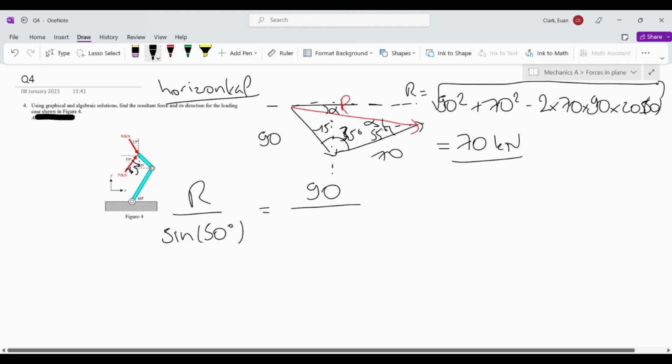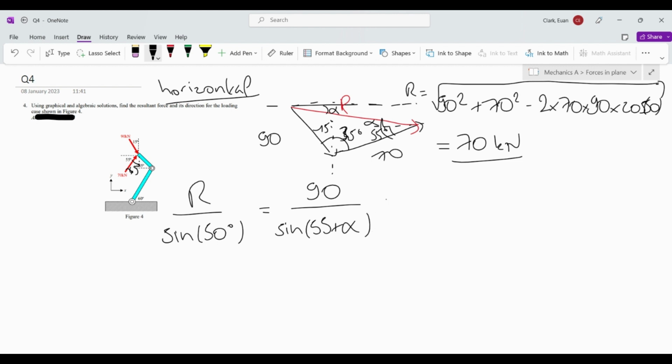So if you don't know why 55, it's because the 70 kilonewton force is 55 degrees away from the horizontal, so we just put it here, 55 and alpha. And the big angle in the triangle is just the sum of both of them, so that would be 55 plus alpha.